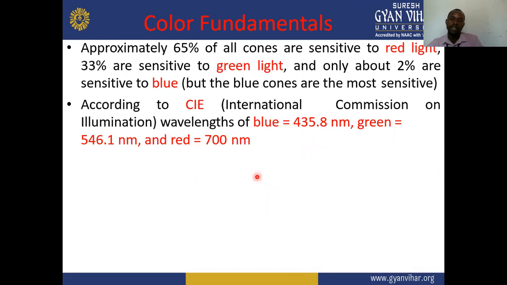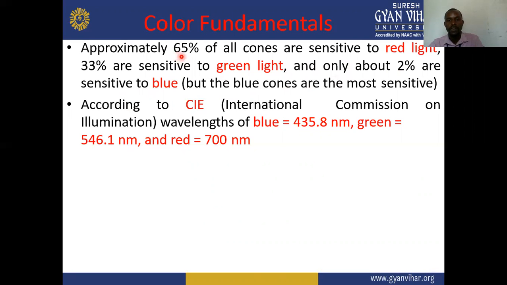lastly, we have now the color fundamentals. Approximately 65% of all cones are sensitive to red light, 33% are sensitive to green light, and only about 2% to blue. So this is how the cones are able to view the different colors in the human eye.